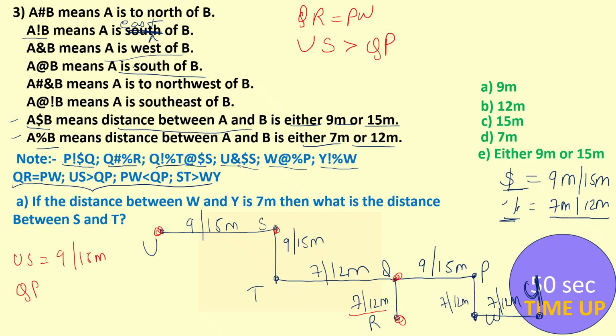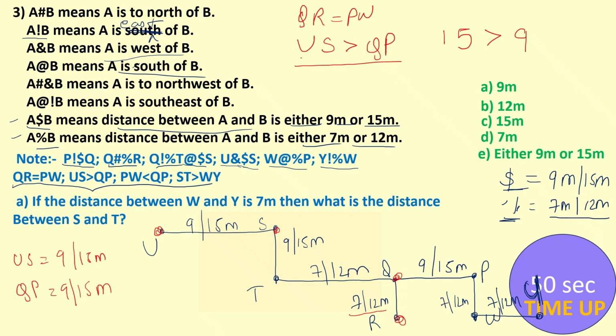And what is QP distance? QP distance is also 9 or 15 meter. But the condition is saying that US should be greater than QP. So obviously, is 9 greater or 15 greater? 15 is greater. So US should be 15 so that it is greater than 9.